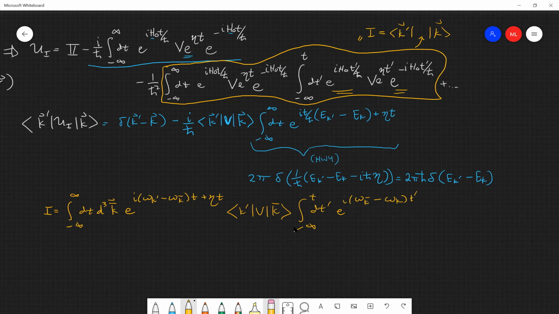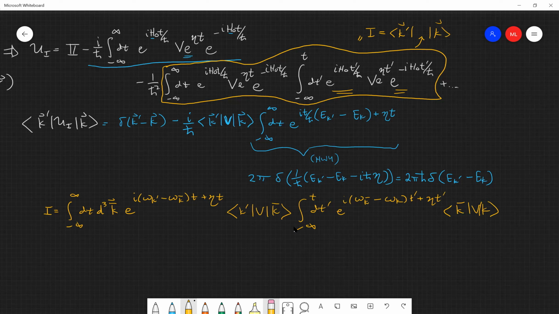Then you have a plus eta t prime. And then you have your other matrix element, which is k bar v k. Okay. So that's just sticking in the completeness, putting in the exponential factors, because the H naughts are just kinetic energy, so they're diagonal in momentum.